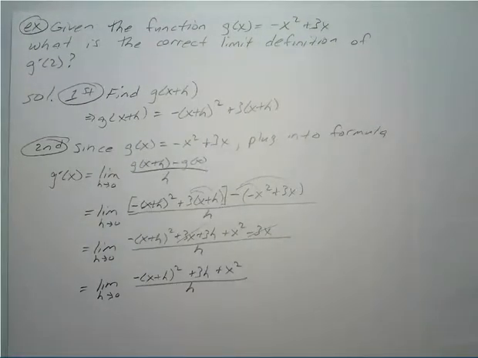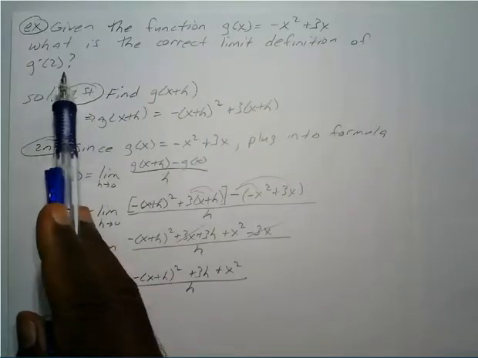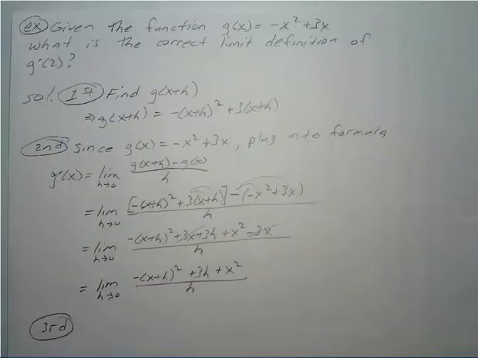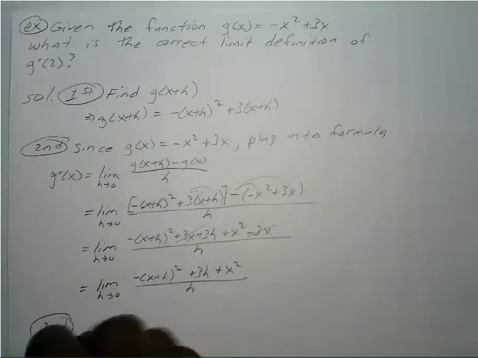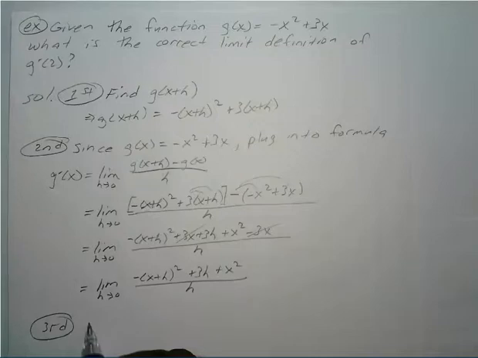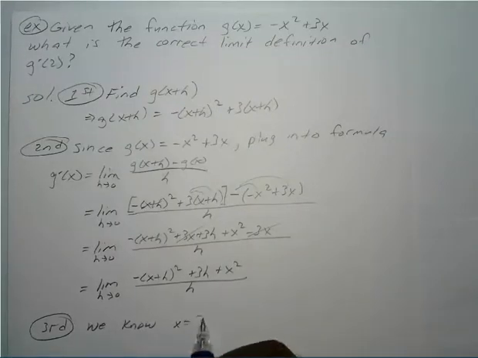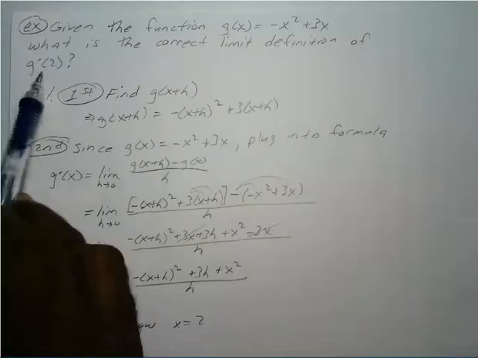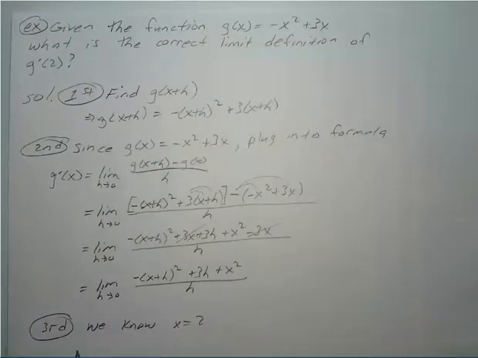Now that brings us to our third step, when we have an actual value for x. We know that x is equal to 2. So we just plug it in to find our g prime of 2. Remember, this is our g prime of x.